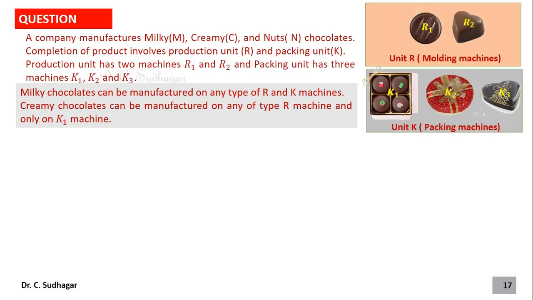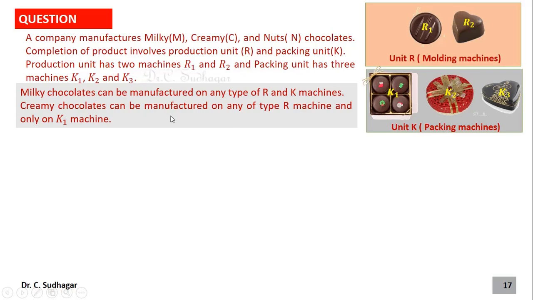Milky chocolate can be manufactured on any type of R. That means it can be molded like this or like this. It can be packed like this or like this or like this. So milky chocolate can be manufactured on any type of R and any type of K.